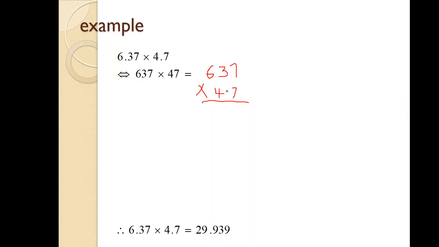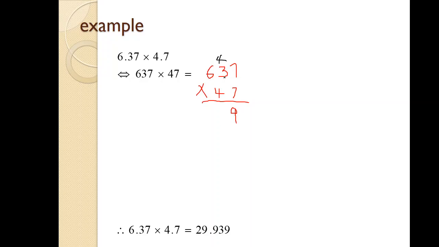So you start with multiplying by 7. Say 7 multiplied by 7. Here you are getting 49. Okay, but you only write here the last digit. Then the 4 you give away on top to the next digit.